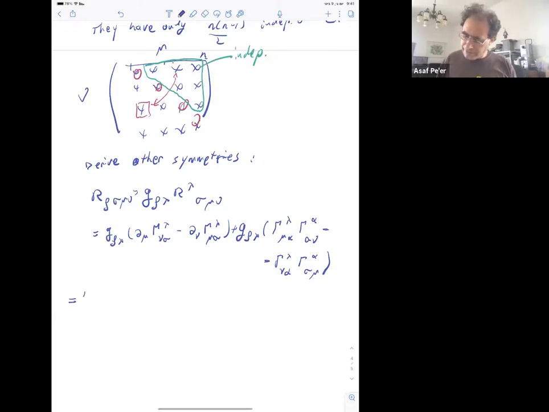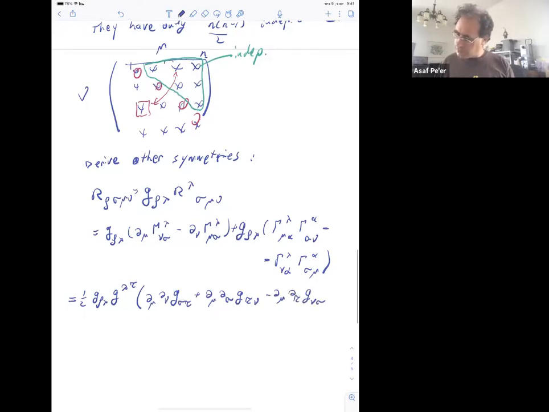So that's 1/2 G rho lambda. Now the affine connection is G lambda tau. I chose tau as the gamma index, and then we have d mu G sigma tau plus d mu d sigma G tau mu minus d mu d tau G mu sigma. That's of course this guy.